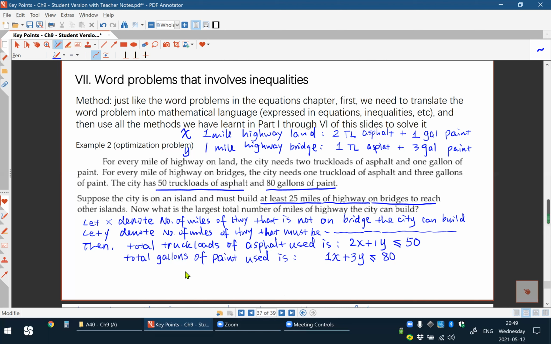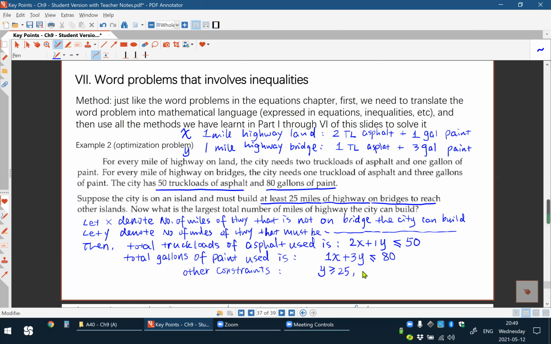Okay, and are there any other constraints? Yes, of course there is. It also specified that at least 25 miles of highway should be on bridges, right? So that means y is the total miles of highway that must be on bridges, right? This translates to y should be at least 25, which means y should be 25 or any number that is greater than 25, right?